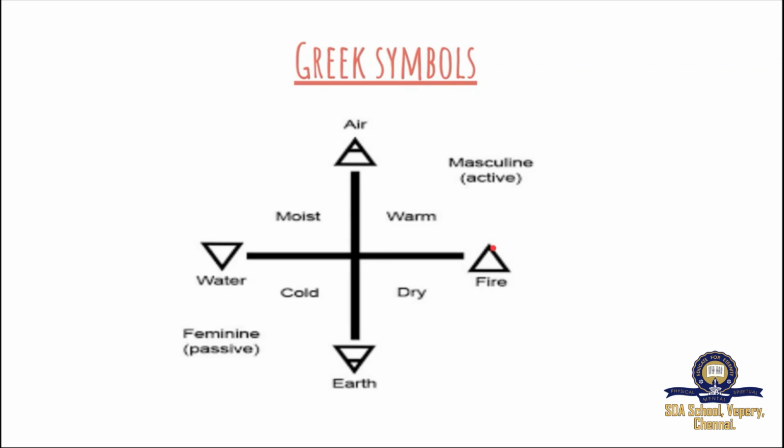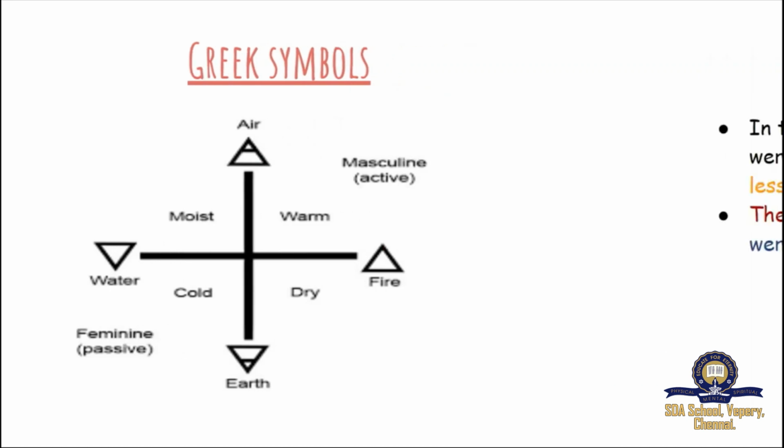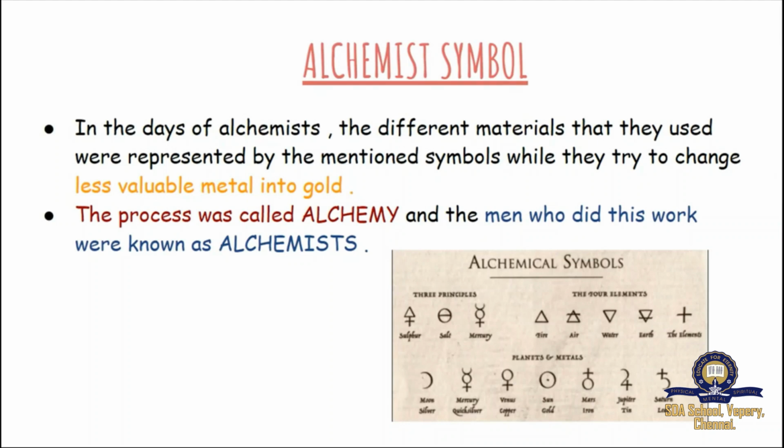Next we will see about alchemist symbols. In the days of alchemists, the different materials that they used were represented by these symbols while they tried to change less valuable metals into gold. The process was called alchemy, and the men who did this work were known as alchemists.